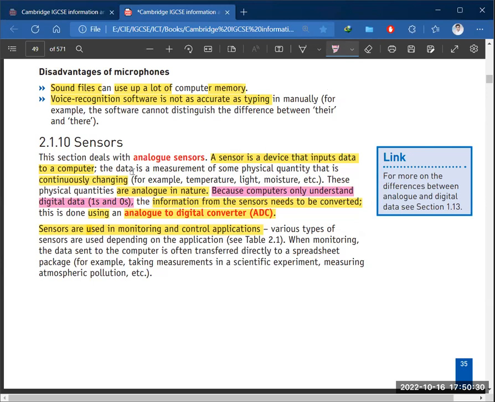The information from the sensors needs to be converted. This is done using an analog to digital converter. So it's ones and zeros, right? Not 1 seconds and 0 seconds. Exactly, ones and zeros. Again, that is not good vocabulary. They should just say ones and zeros.